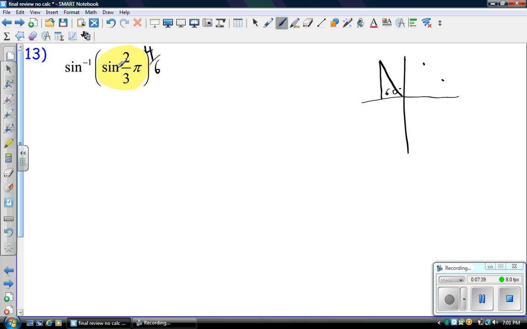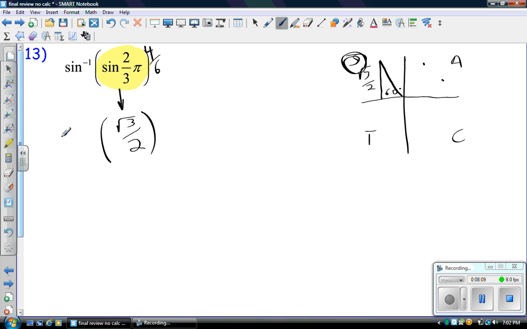And since sine is opposite, the opposite of the 60, hopefully we know this by now, is root 3 over 2. And so this is positive root 3 over 2. The reason I know it's positive: all students take calculus. Sine is positive in the second quadrant. That's what I wanted. So now I'm taking that solution and doing the inverse sine.